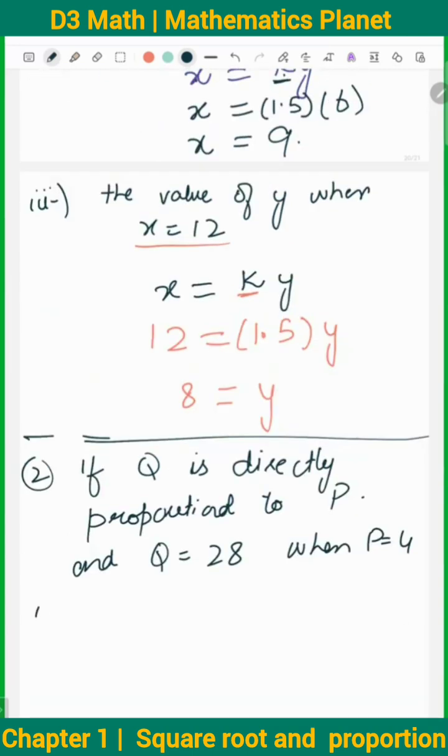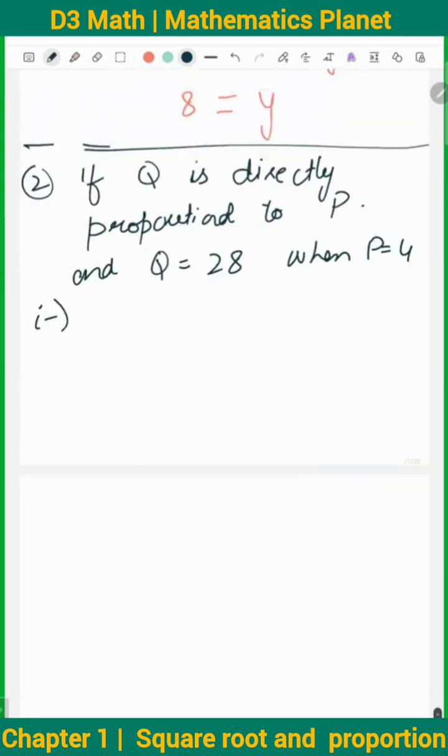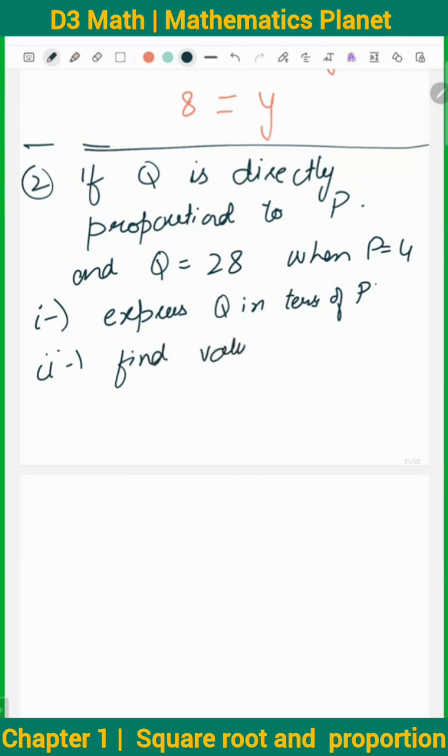Now you are going to do this question, and I'm going to give you the time. First of all, express q in terms of p. Number 2, find the value of q when p is 5.